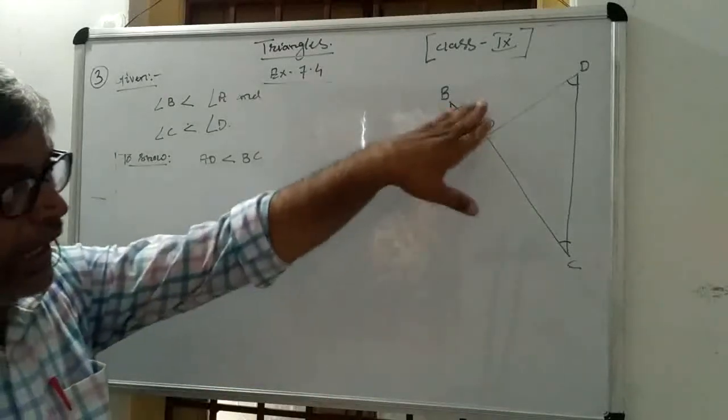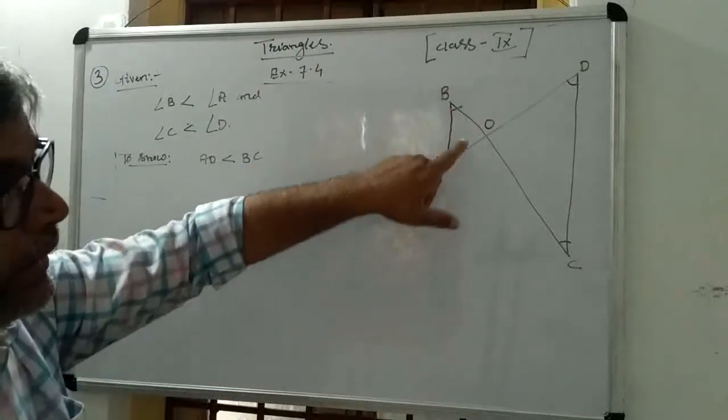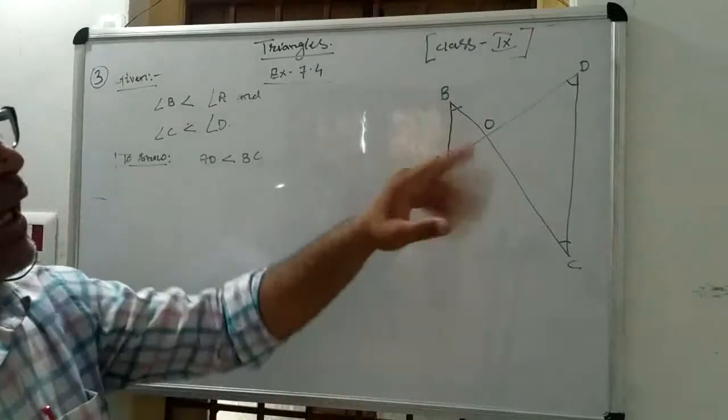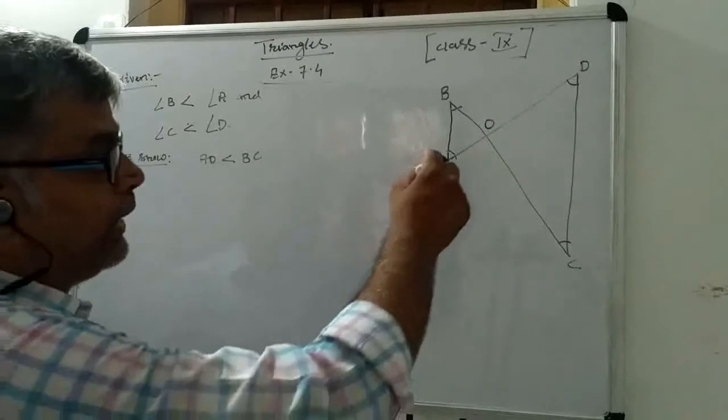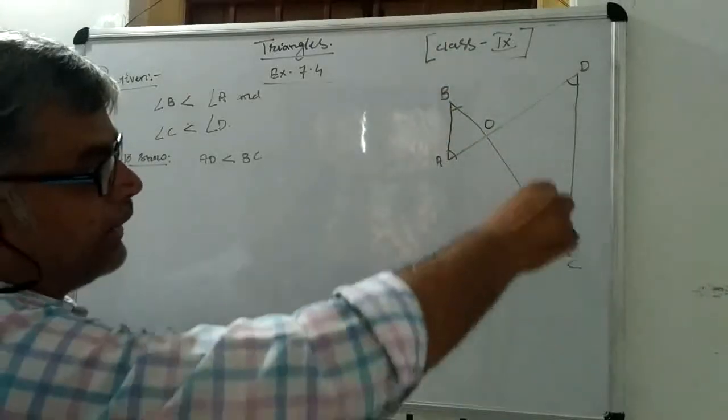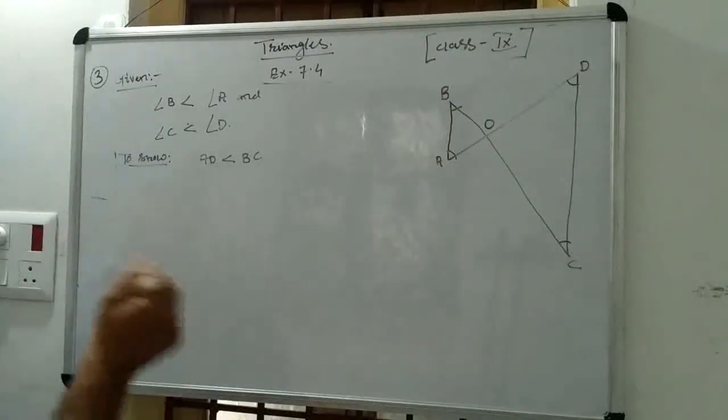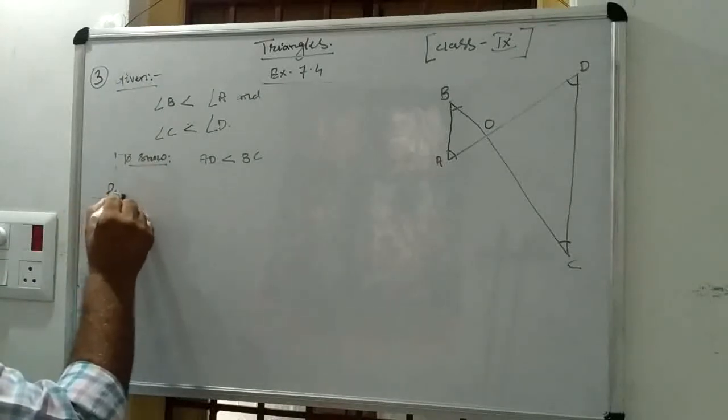Now since lines AD and BC intersect at O, two triangles are formed. One is ABO and the other is COD. So we will take these two triangles. Proof.